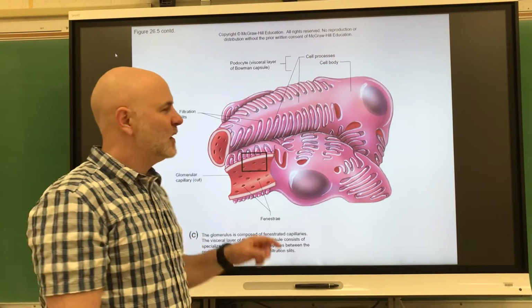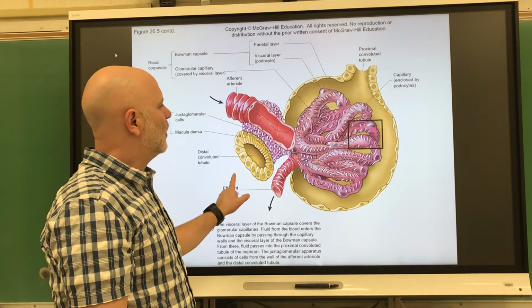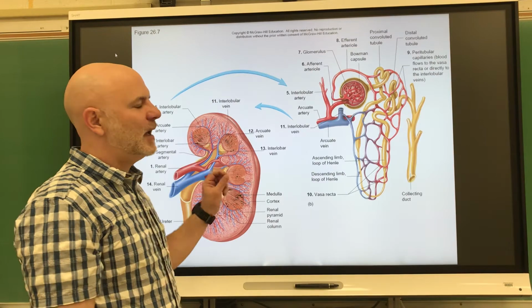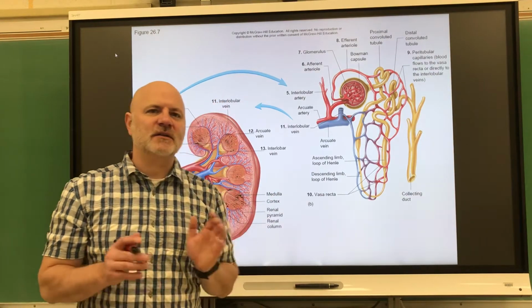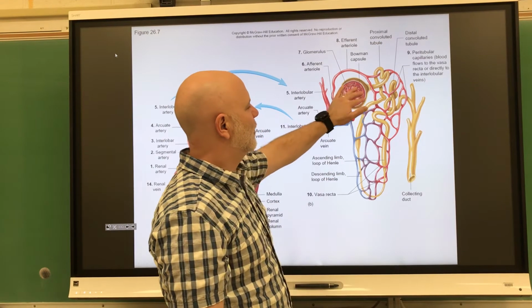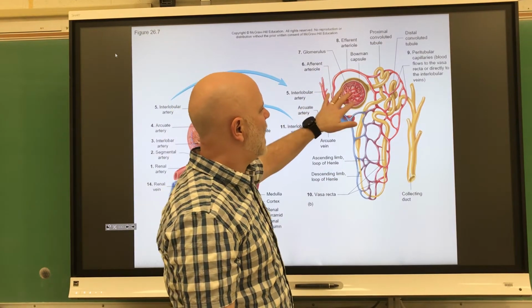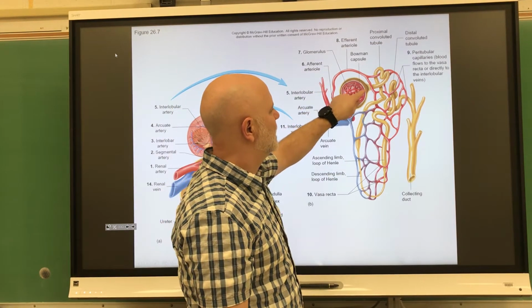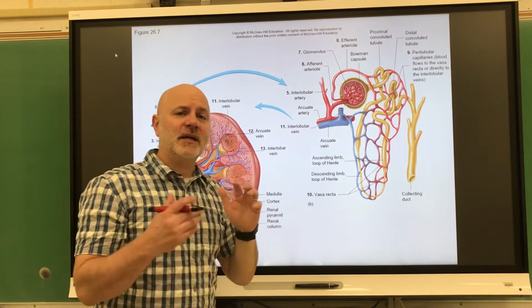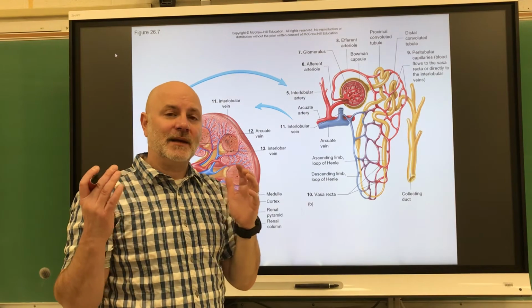Now, one of the problems with a filtration process is that it is just size selective. So if you're small enough to move through there, you can move through. The thing is, we don't want everything that moves through the glomerulus into the Bowman's capsule to eventually become urine, because that would be quite a bit.